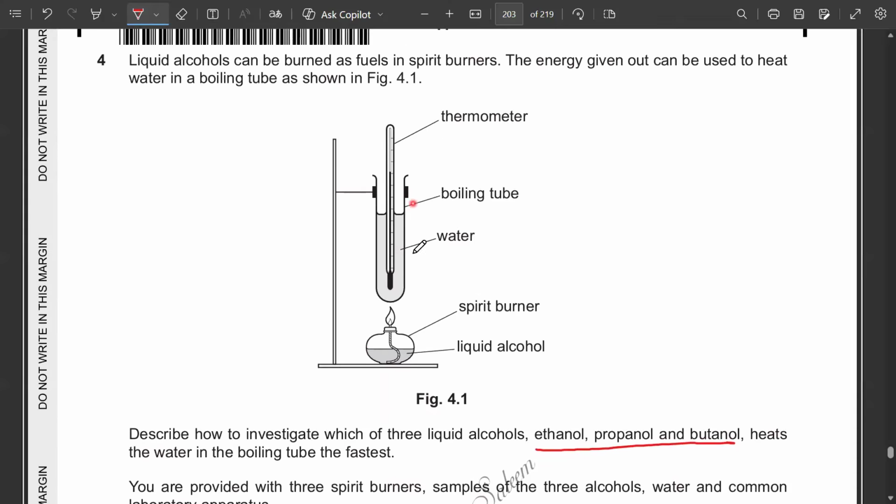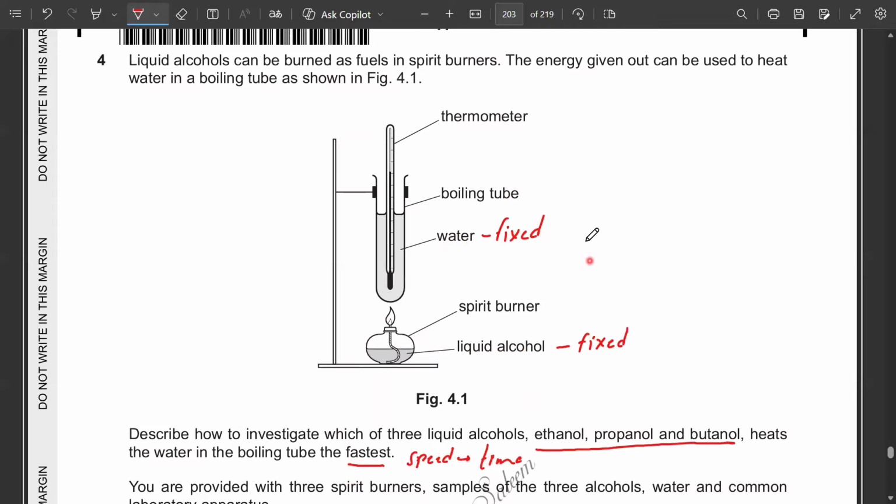Now, what you can understand from here is that you must have a fixed volume of the alcohol used, and also a fixed volume of the water used. If you have three different alcohols and you have to find the fastest, it means it is related with speed, which is related with time.